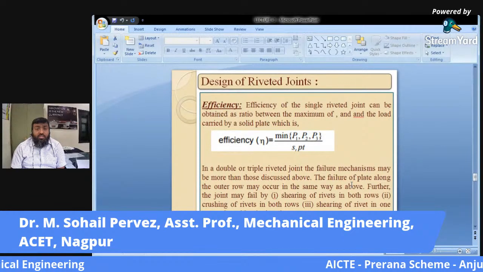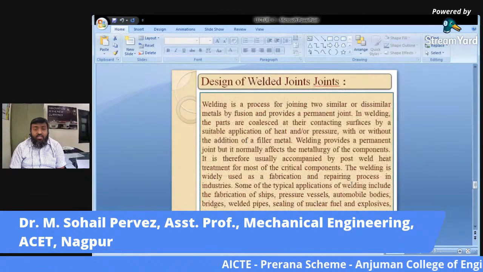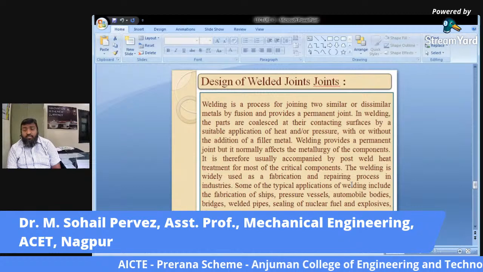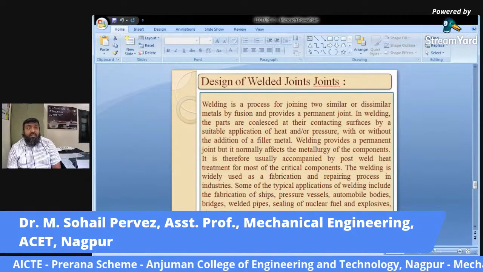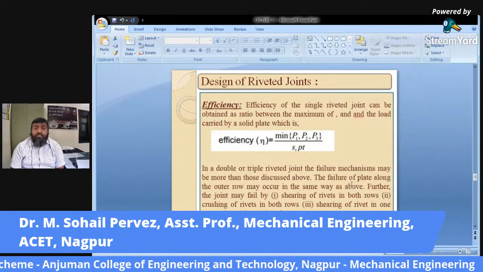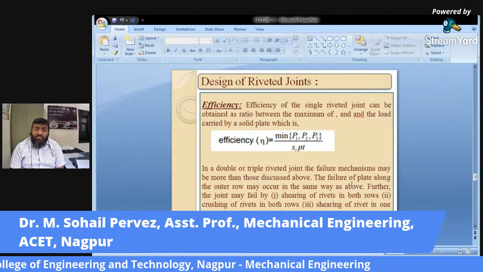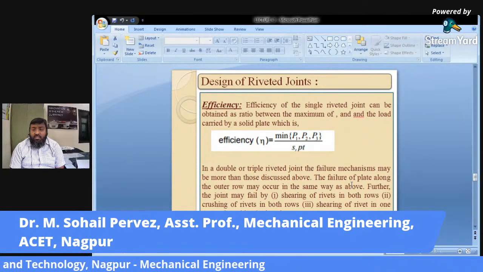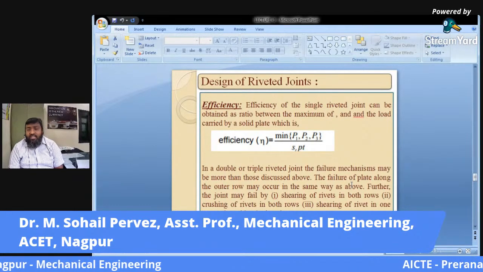Now moving to the last topic, that is design of welded joint. The numericals for the design of riveted as well as for the design of welded joints will be covered in the next lecture.